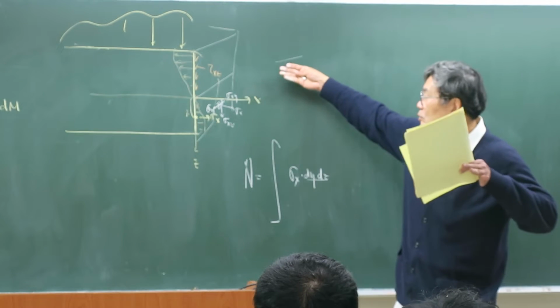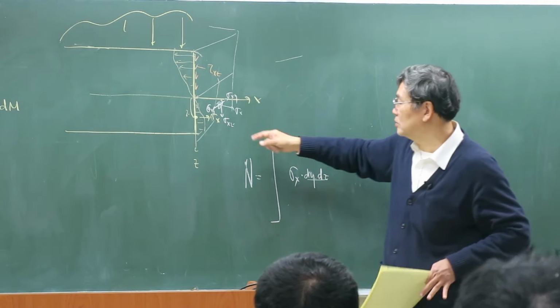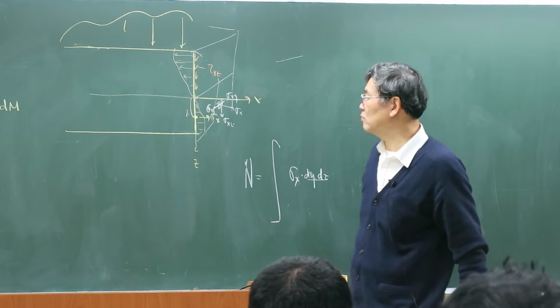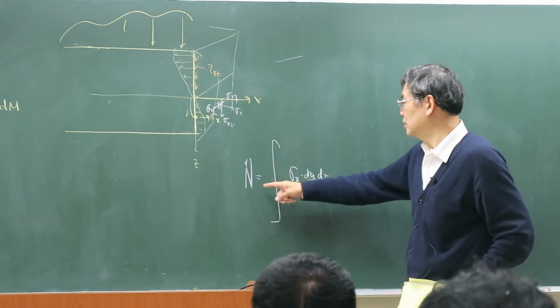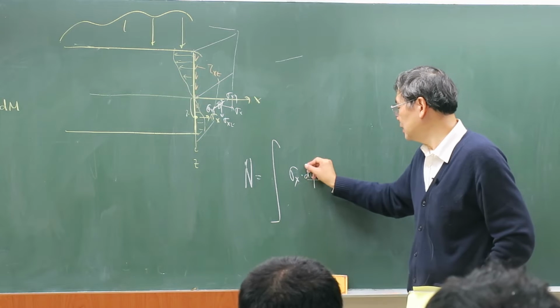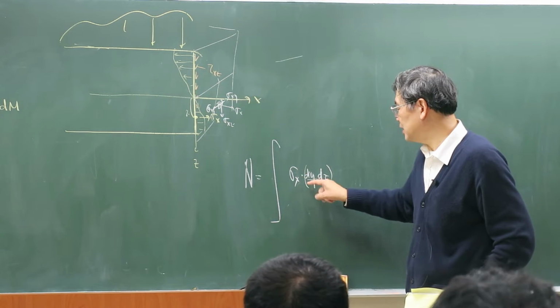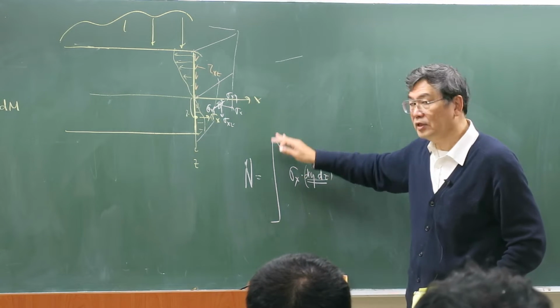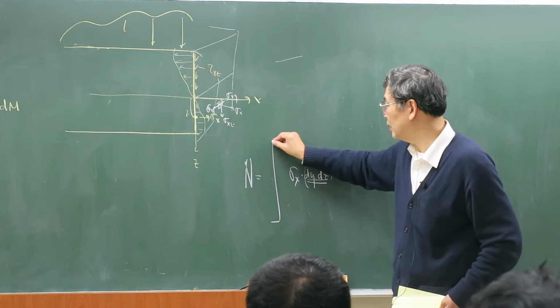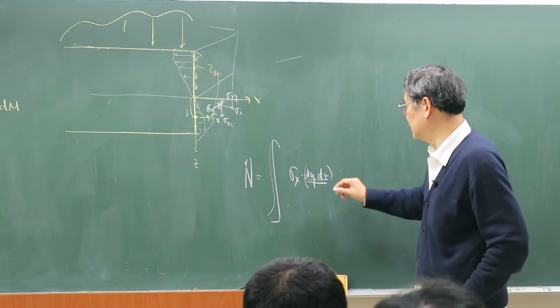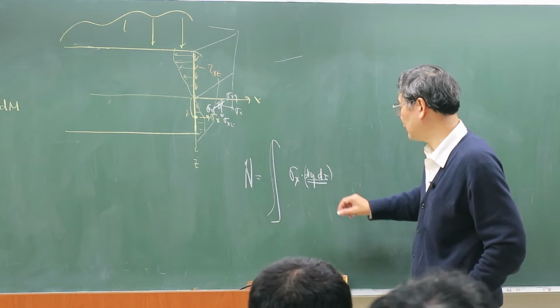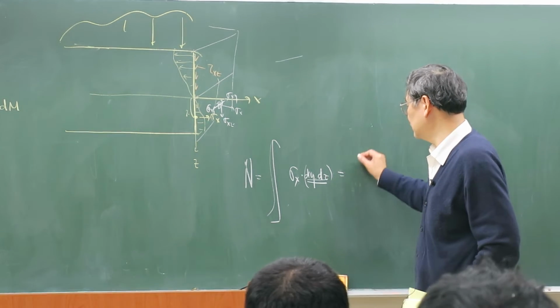But we do not have loading there, so typically this sigma xy is 0. But the normal force integrates this stress times the area, and you integrate over the whole area, okay? And this dy is equal to what?